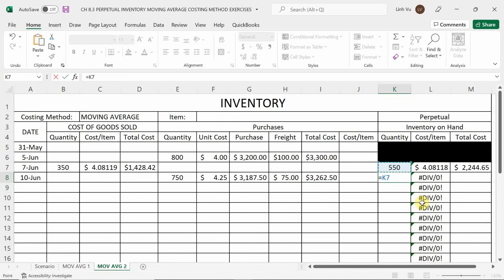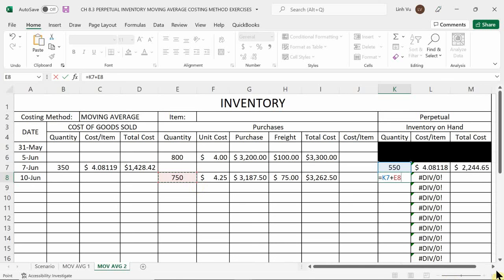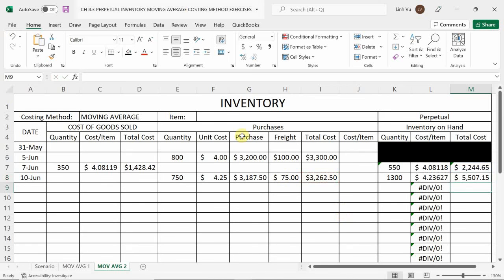So now I need to add up my totals. What is 550 plus 750? 1,300 units. Okay, what is 2244.65 plus 3262.50? 5,507.15.